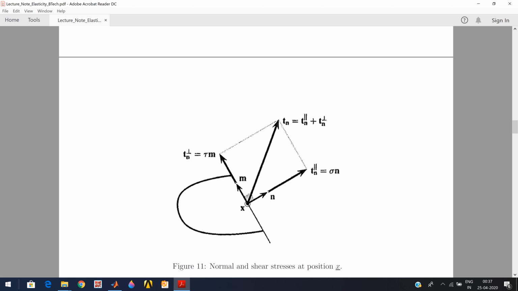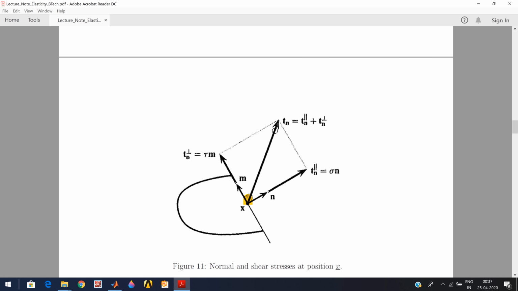So let us say this is the point and this is the plane, and the plane has a normal vector n, and if we consider the stress tensor, then sigma n will give you the traction vector, and this traction vector can be in any direction.